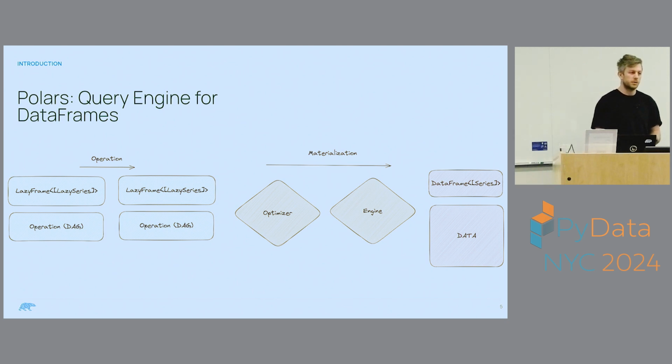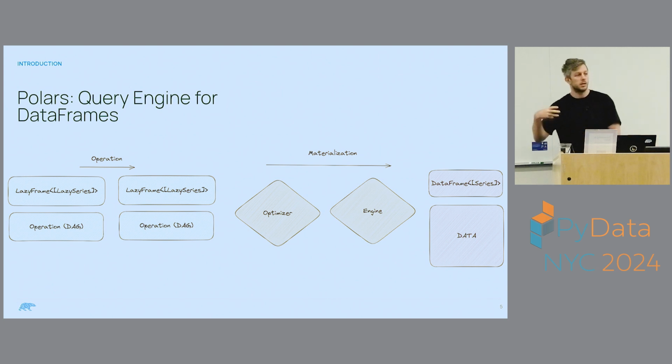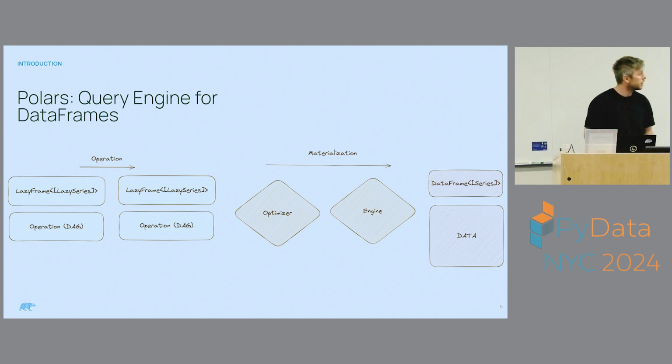And we call those lazy frames, and those are more a DAG of operations. So with every operation, we don't materialize your data frame immediately, we just create a new set of operations. We modify this set, but we don't do anything until you ask for this specific materialization. When you ask for materialization, so you say, give me the result, then we run a query optimizer. Once the query optimizer is done, we send it to the engine.